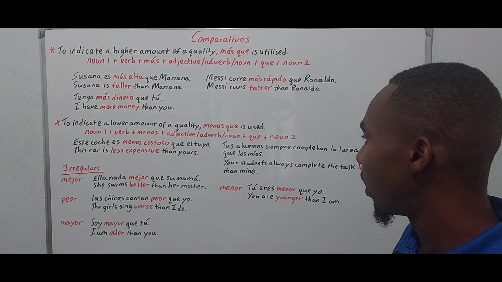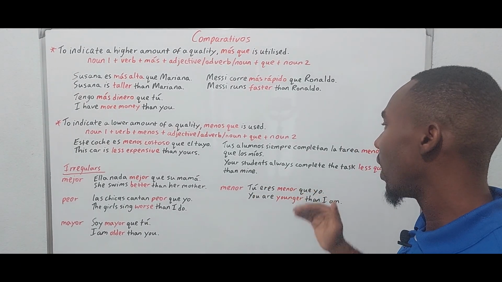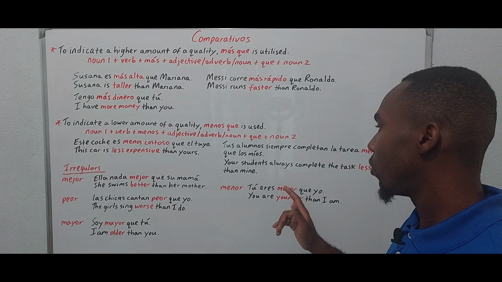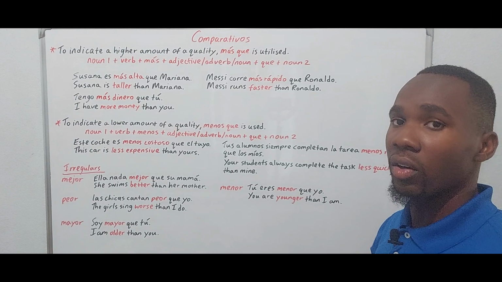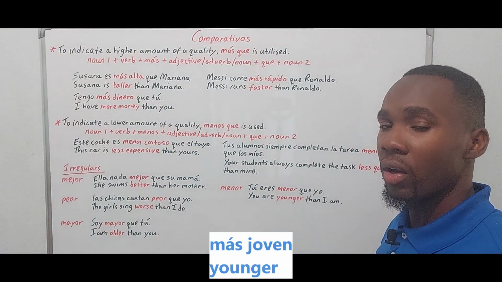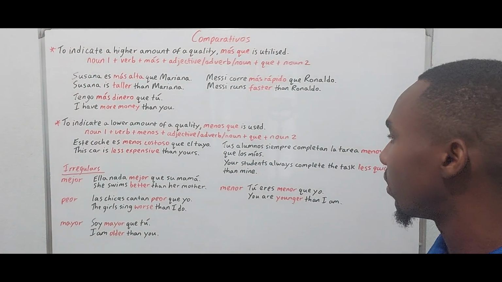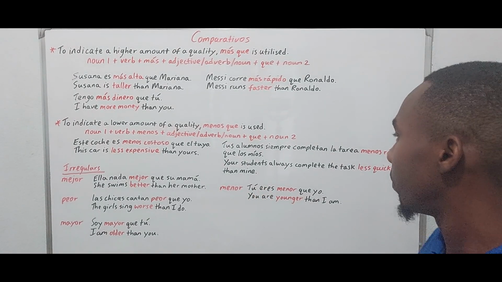And similarly, menor, younger. Tú eres menor que yo. You are younger than I am. So, just like mayor, we can also say más joven, but once again, that is not as common. It's more common to say menor, okay?